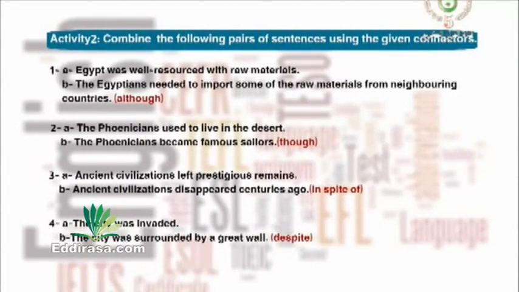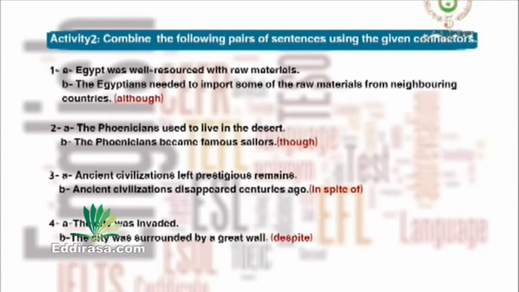Let's move to our second activity now. Combine the following pairs of sentences using the link word given in brackets. Of course, make the necessary changes. First sentence. Egypt was well resourced with raw materials. The Egyptians needed to import some of the raw materials from neighboring countries.